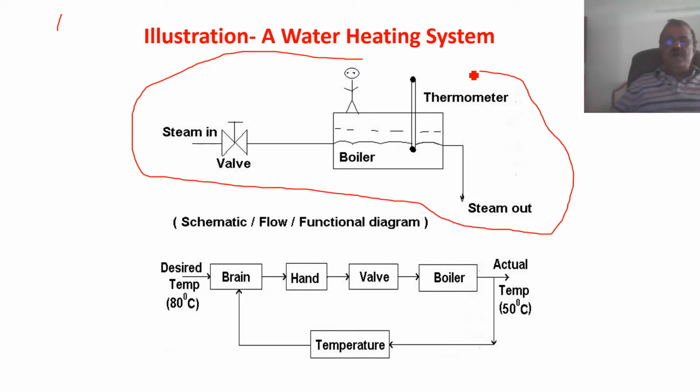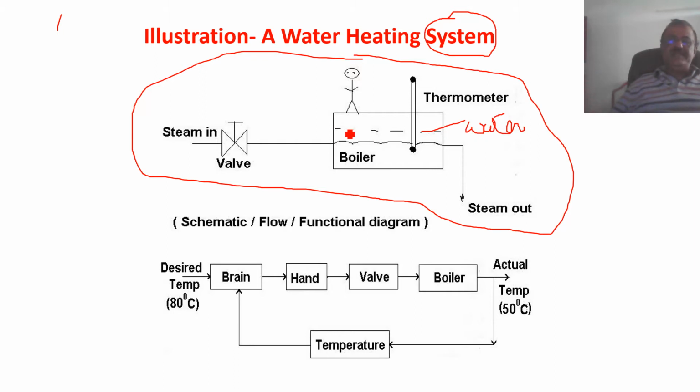Now there is a word here, system. Let us understand the meaning of the term system first. For that, I'll explain this. Let us say I have a boiler. Here the idea is to heat this water.